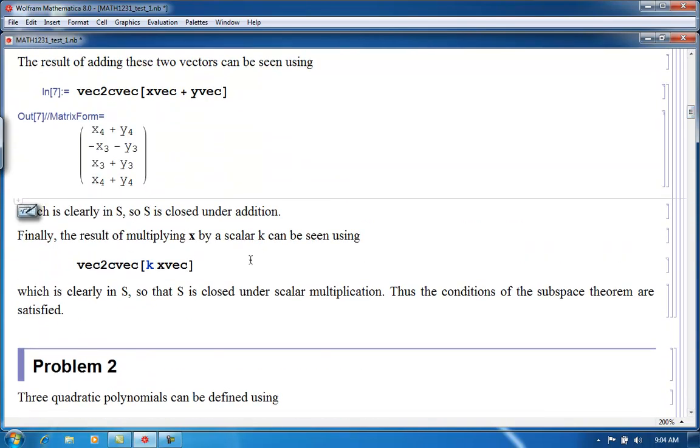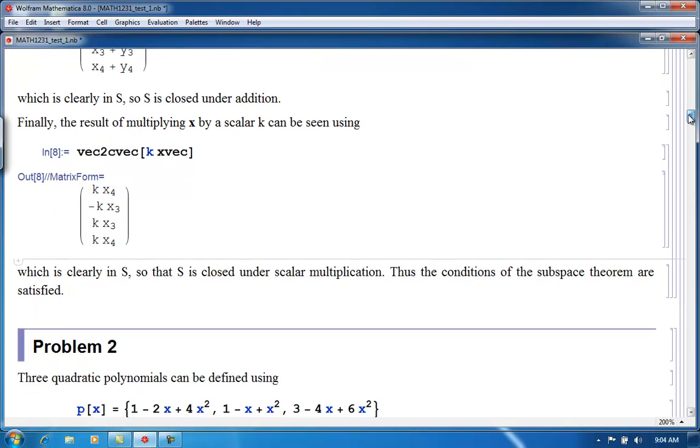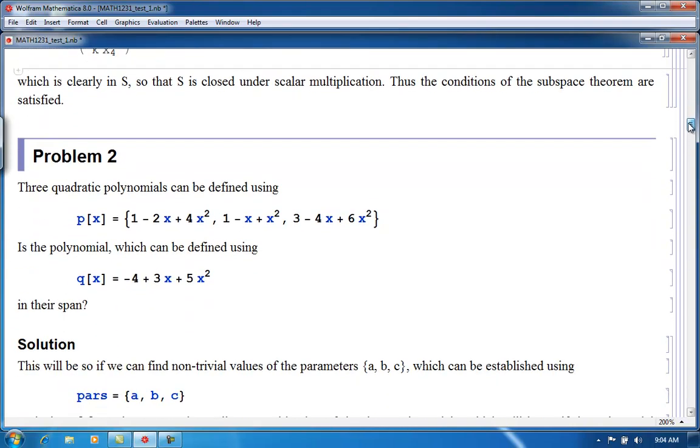And finally, we can see the result of multiplying our vector x by some scalar k, and we can see that that is clearly also a vector in S. So the set S is not empty and is closed under addition and scalar multiplication. So all the conditions for the subspace theorem are satisfied.